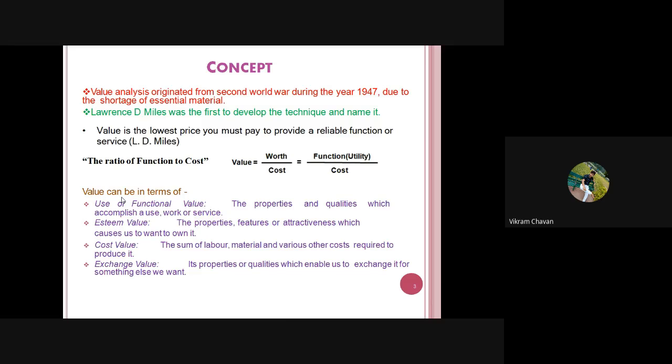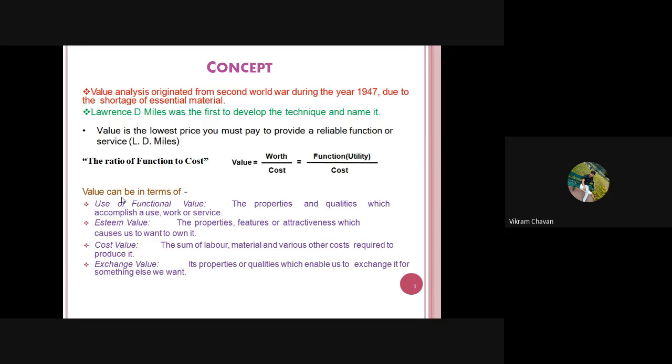That is nothing but the history. It was first developed by Lawrence D. Miles, who was an employee of General Electric Company. Before 1947, there was no such concept of good value or bad value.